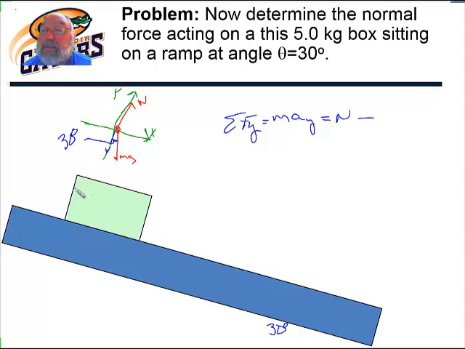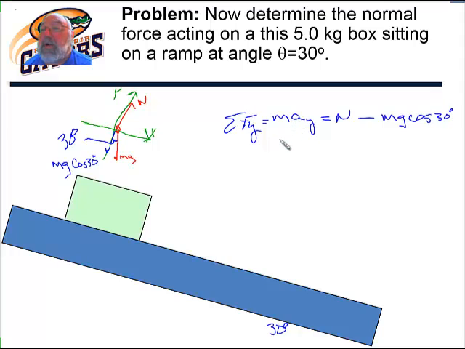Adjacent goes along with cosine. So it would be mg, that's the magnitude of our weight, times the cosine of 30 degrees. And we'll list it over here in the equation of motion, mg cosine 30 degrees.